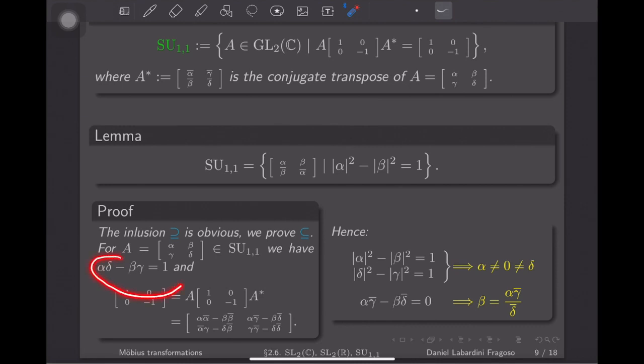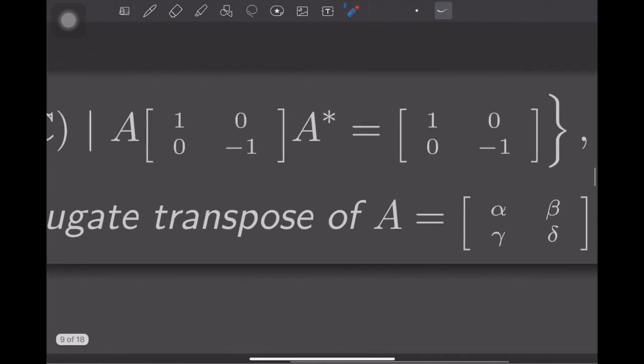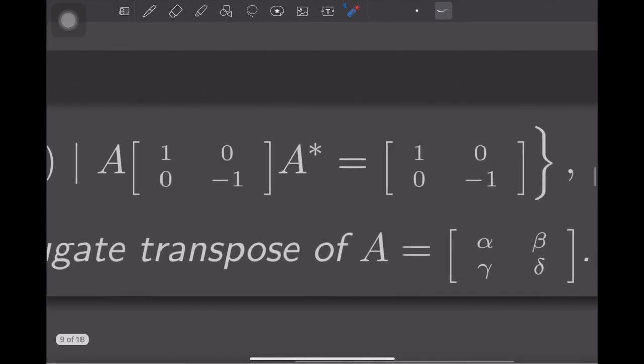Yeah, the first thing I want to argue is that the determinant is 1. So I'm going to look at this equality. And from this equality, what I obtain is that here is determinant of A minus 1.